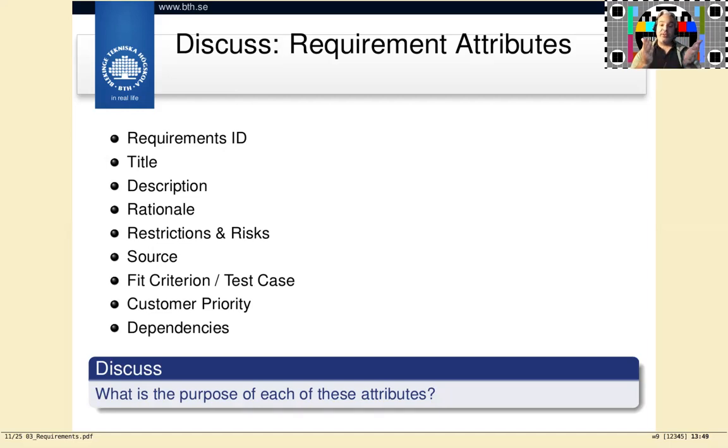And this is one idea. A colleague of mine did a study where they tried to find all the possible attributes that you can have in requirements, and I think they ended up with somewhere like 150 different attributes on each requirement.